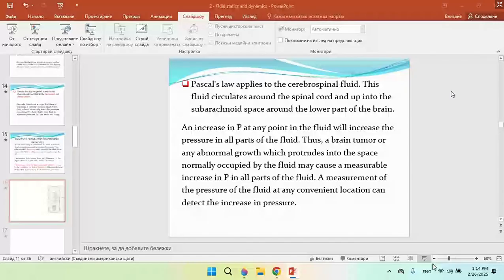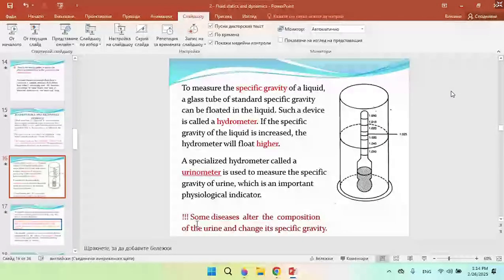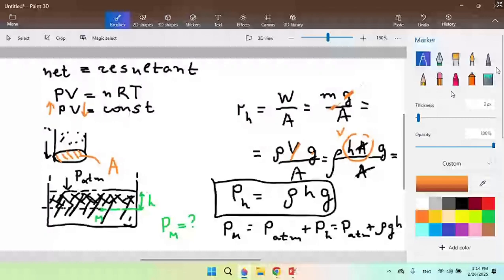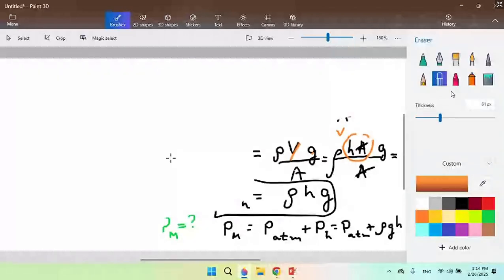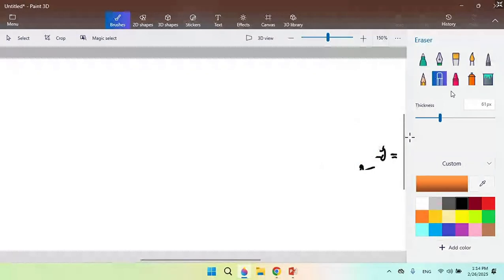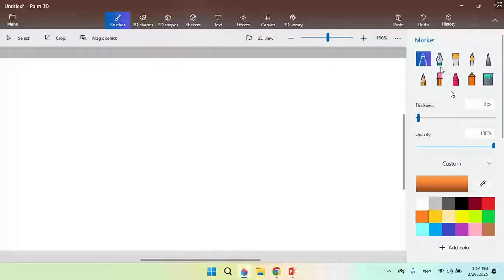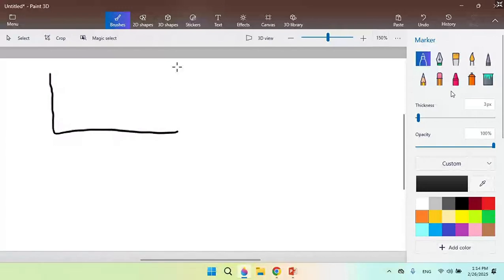So, buoyancy. Let me clear everything and consider some container, suppose. Okay, I'm continuing and then you'll see everything.